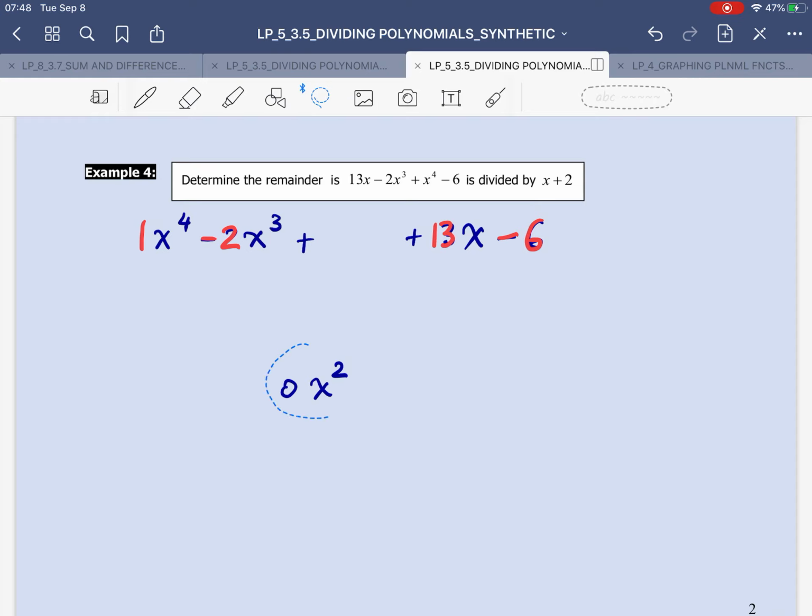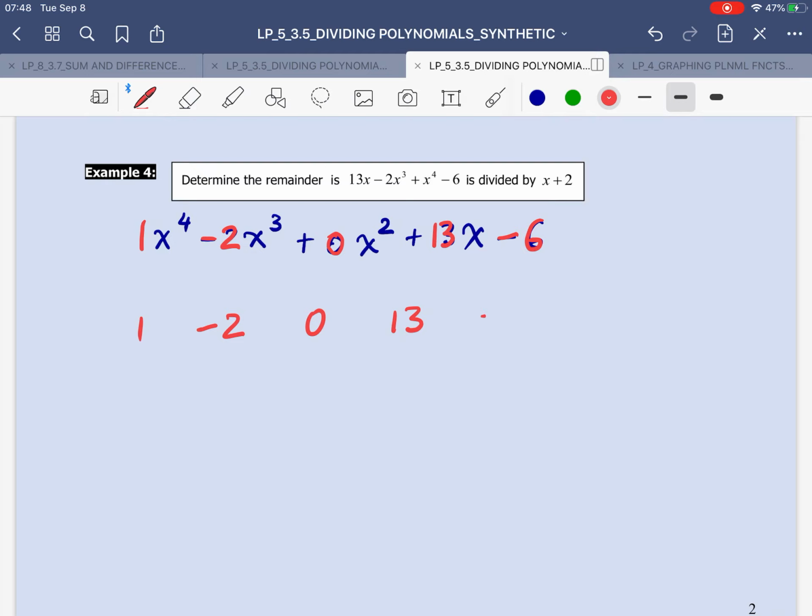So here we go. I'm going to bring this one back here, and we're going to say that the coefficients we have in this case are 1, negative 2, 0, 13, negative 6. So we'll write them down. And the next thing we want to do is figure out what the value of b is in our division here.